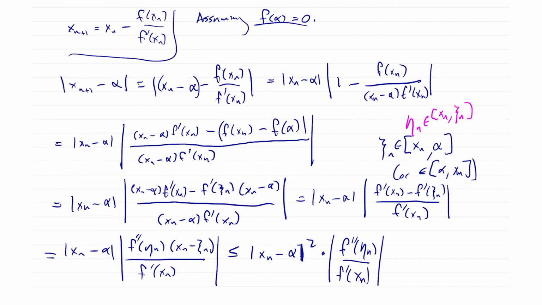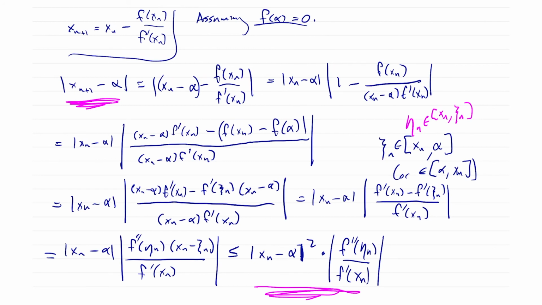So good. All right, so let's take a look at what we have. There's not much else we can do at this point. So we have this xn plus 1 minus alpha, so that is how close the next iterate will be, where we think of the current one as being xn. And so we have this relation here.